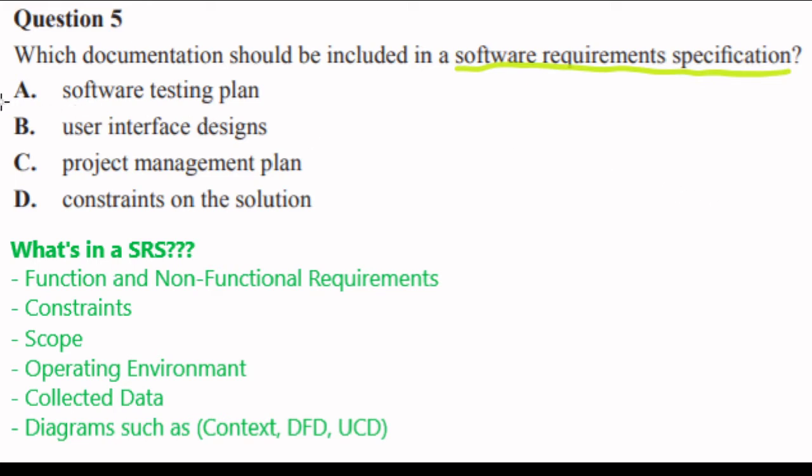So our first choice is software testing plan. This is typically done in our design stage, which comes after our analysis stage, and essentially our software requirement specification is a report that puts together all of our analysis stage.